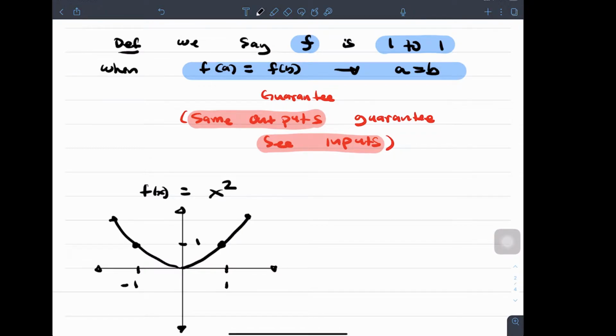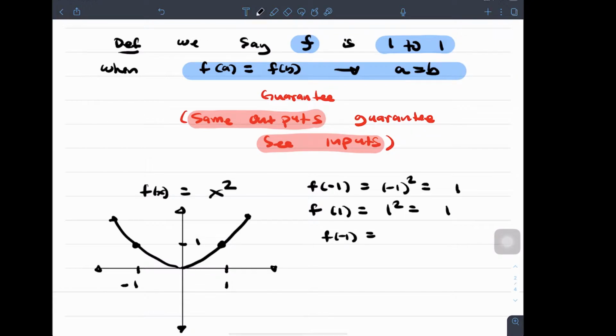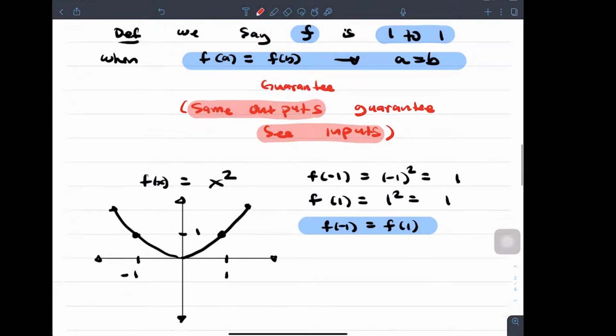See this picture? F of negative 1 is negative 1 squared, which is positive 1. F of 1 is positive 1 squared, which is positive 1. Okay, you guys with me on that? Well, f of negative 1 does equal f of 1 because they're both 1. But what's the problem?